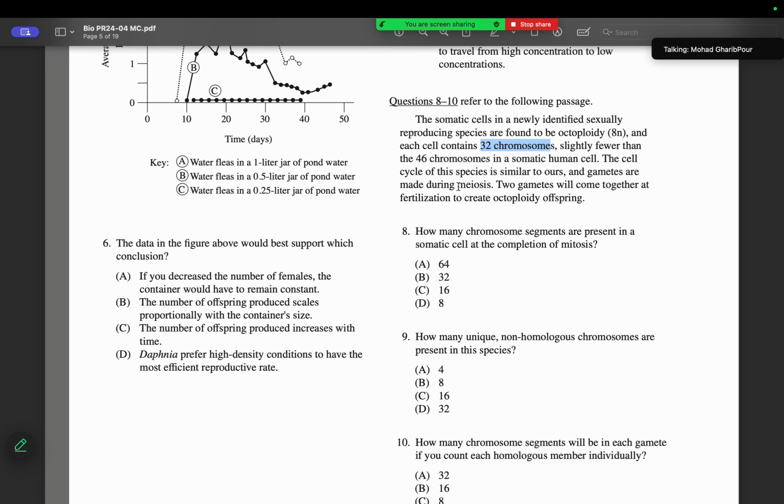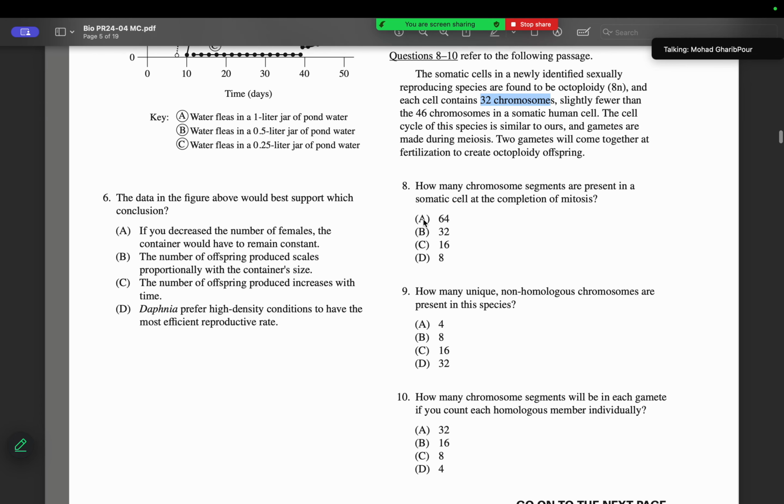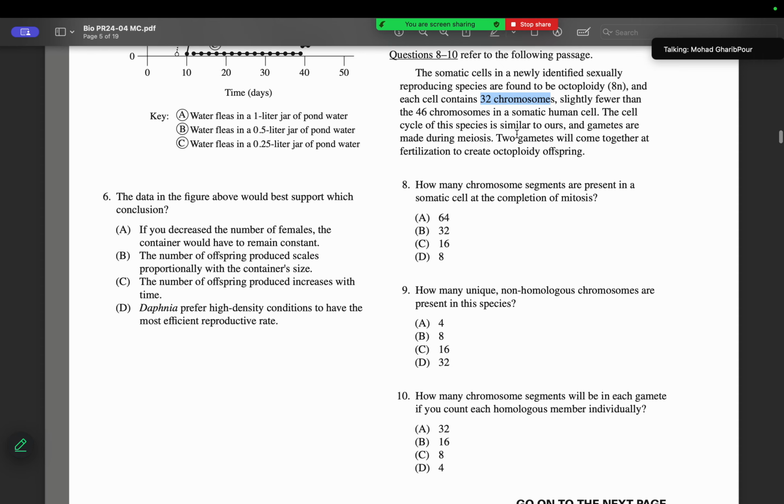The cell cycle of the species is similar to ours, and the gametes are made during meiosis. 2 gametes will come together at fertilization to create octoploid offspring. So that should tell you that each gamete should carry 4N. Okay?